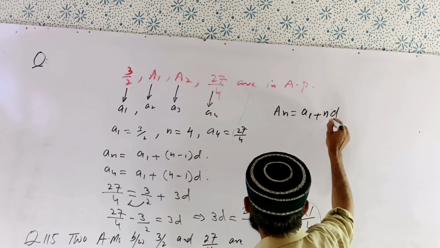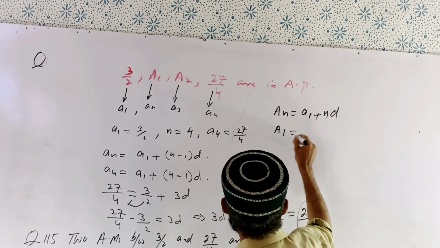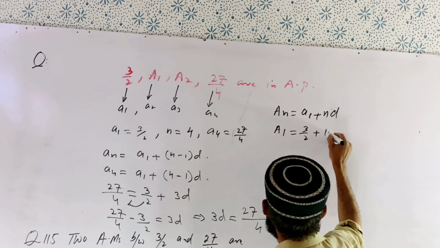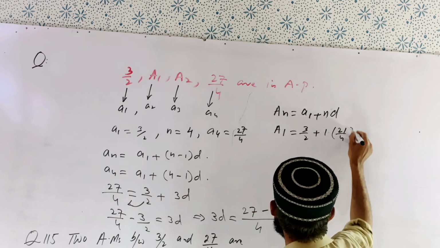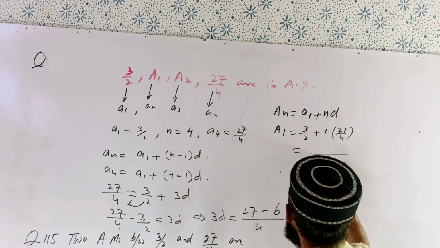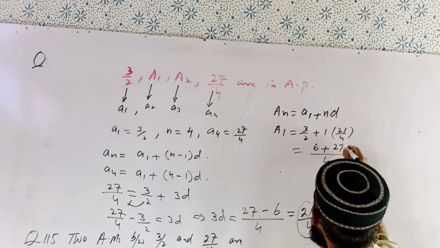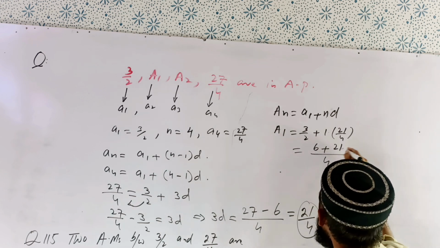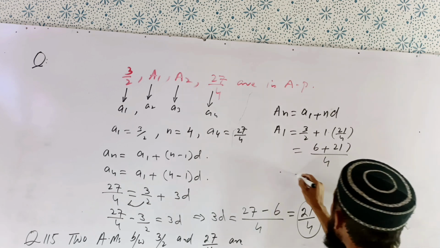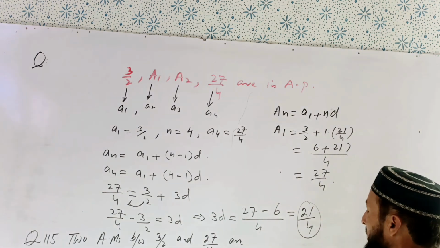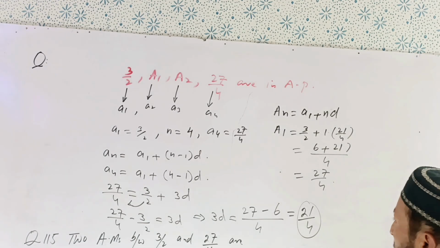I put the values: a1 is equal to 3 divided by 2, n is equal to 1, and d we get 21 over 4. So again we take 4 as the LCM, and we get 27 divided by 4.